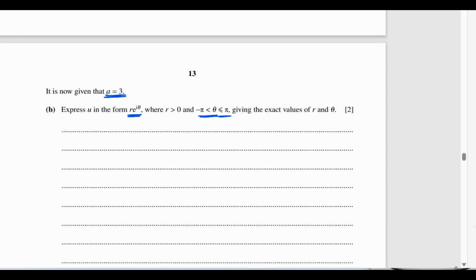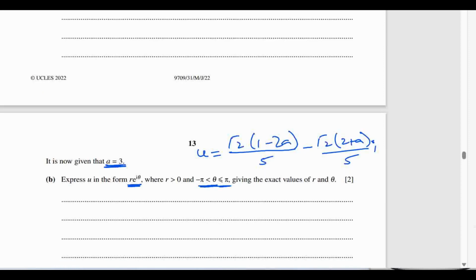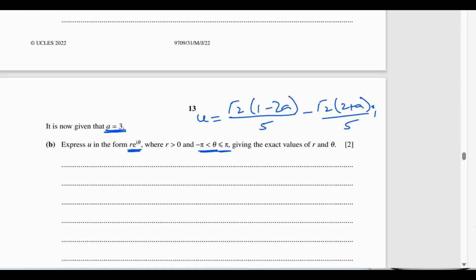Now, as we know, in the last part we have discussed this thing that u is equal to this. So just put the value of a over here. As we can see, a is equal to 3.